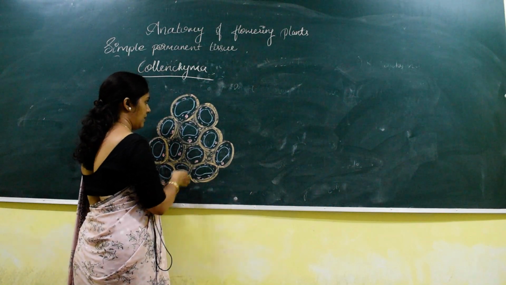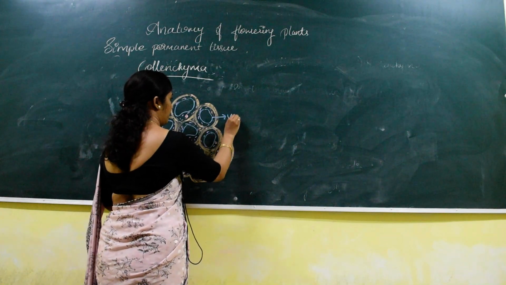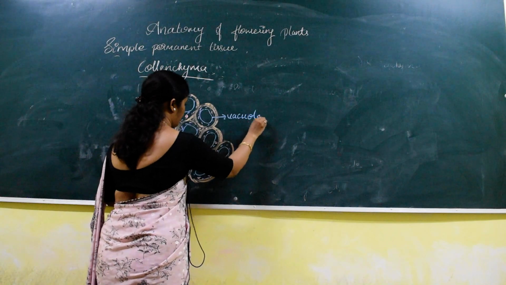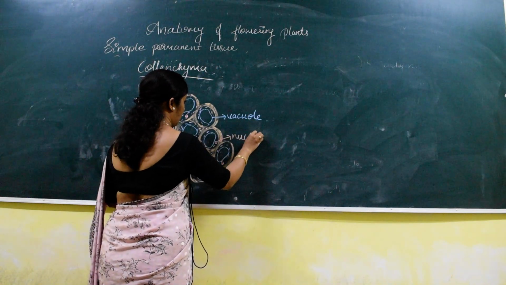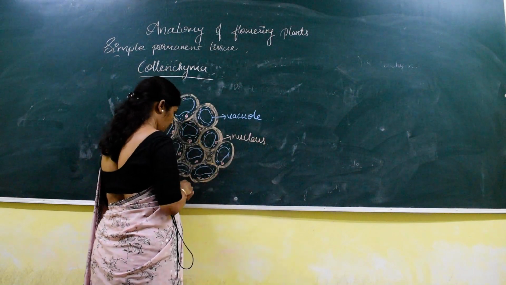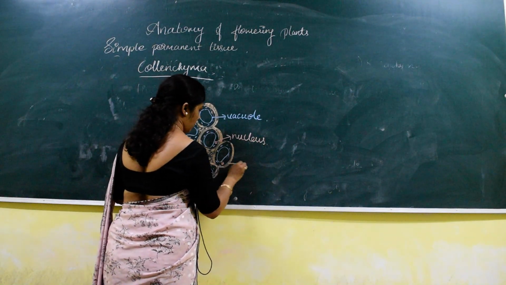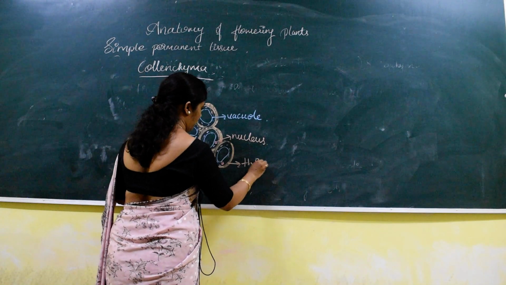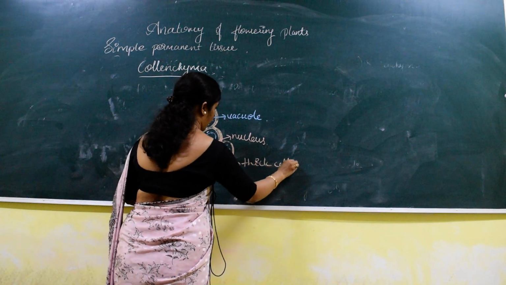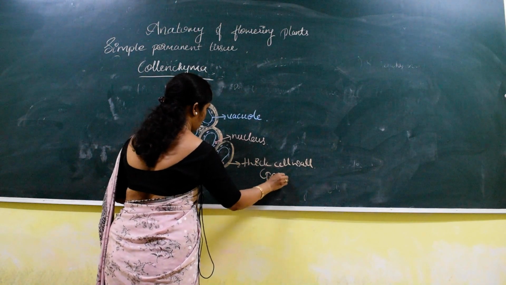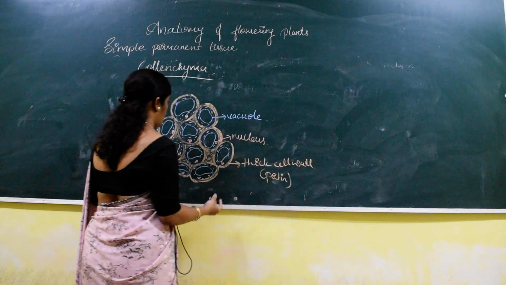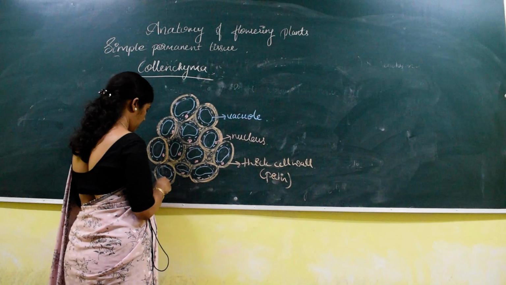So we will label the parts now. Vacuole, nucleus, thick cell wall. The thick cell wall characteristic is mainly due to the deposition of pectin, or we can also write it as pectinization.